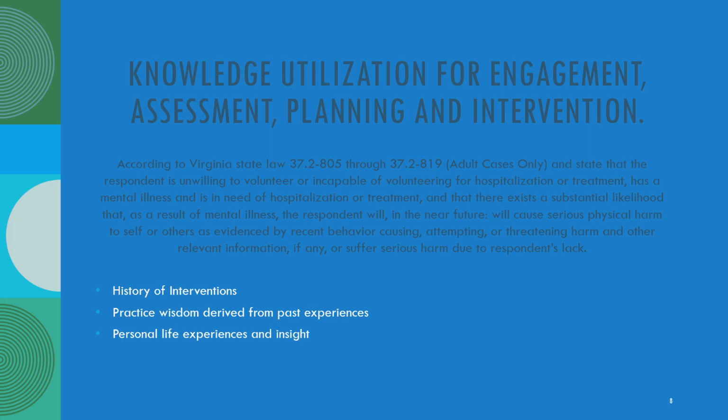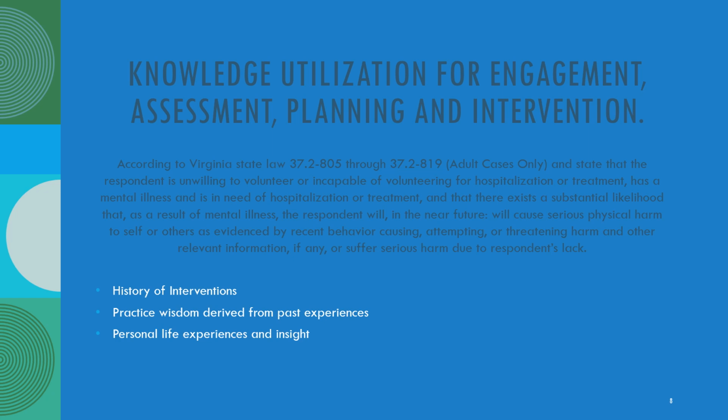The respondent is unwilling to volunteer or incapable of volunteering for hospitalization or treatment, has a mental illness and is in need of hospitalization or treatment, and there exists a substantial likelihood that, as a result of the mental illness, the respondent will, in the near future, cause serious physical harm to self or others, as evidenced by recent behavior causing, attempting, or threatening harm, and other relevant information, if any, or suffer serious harm due to respondent's lack.